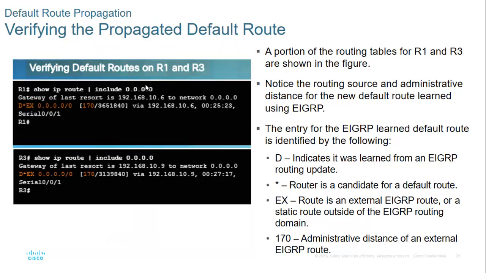So in the routing table of, let's say in this case R1, you would find that there is a default route, the star indicates that, which was learned via EIGRP. This D indicates that. Okay, EX here tells you that this is an external EIGRP route, or that the static route is outside of the EIGRP routing domain. 170 is the administrative distance for an external EIGRP route.